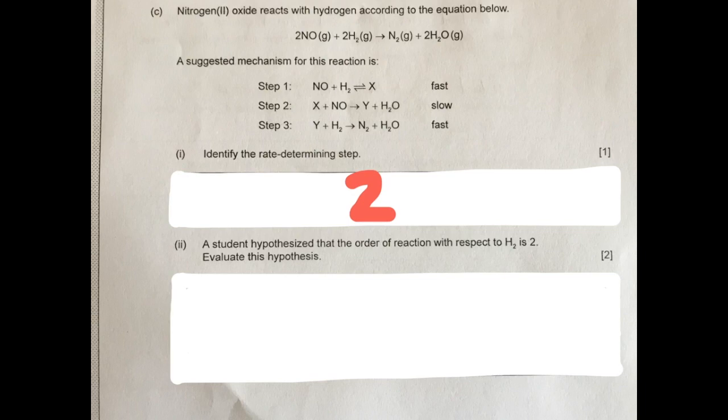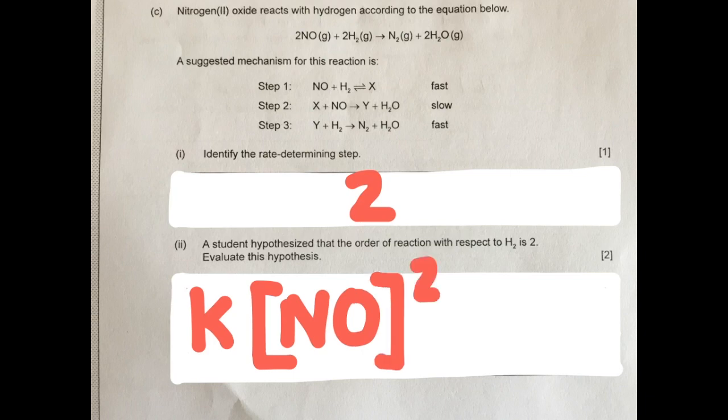So based on that, it follows that the rate expression would be rate equals k multiplied by the concentration of NO to the power of 2, because you have two NOs, one which gives rise to X and the other one involved in the slow or rate determining step.